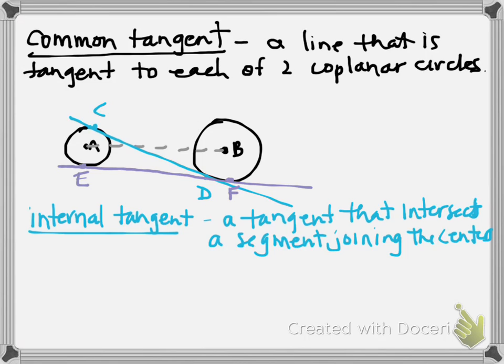So that would be line CD. He's the internal tangent. He's intersecting that line that would connect the two centers of that circle. That makes EF an external tangent.